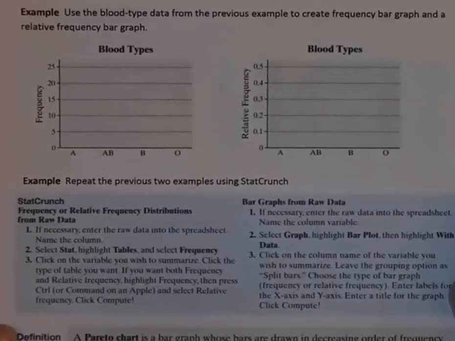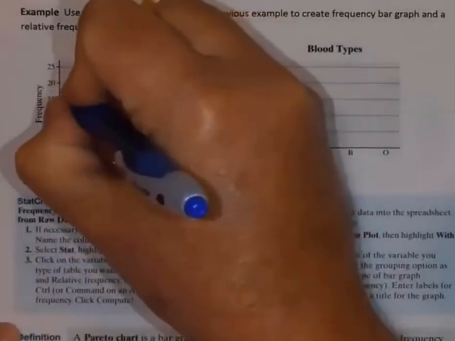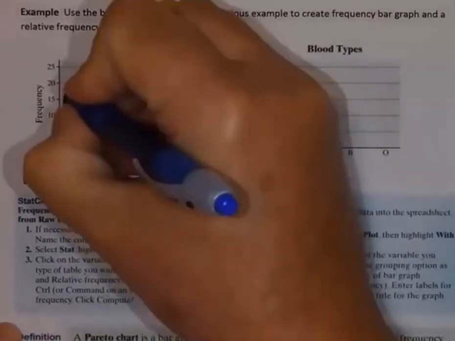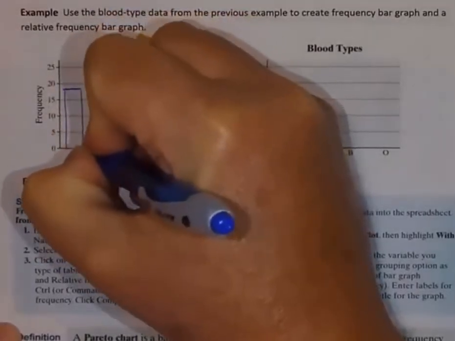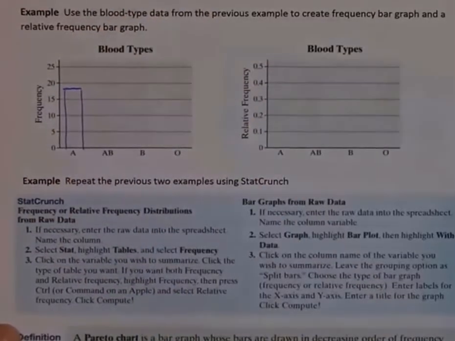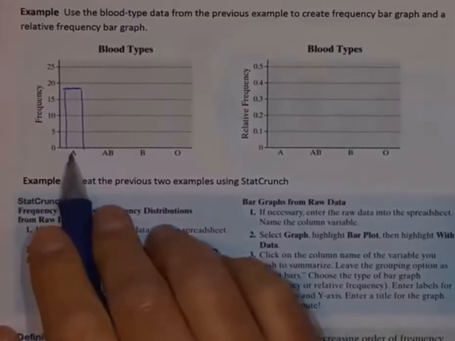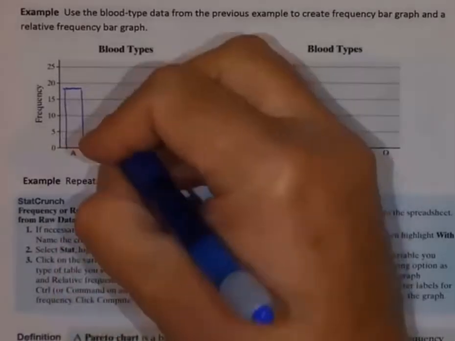So at the moment, I'm looking at my frequency data. Now, A had a frequency of 18. So 18 would be maybe about right here on my grid. And so all I'm going to do is draw a bar that has a height of 18. And so there we have a bar for A blood. AB, the frequency was 4.